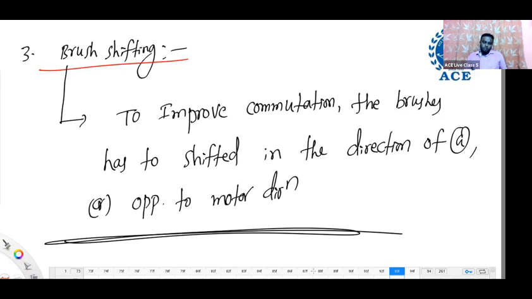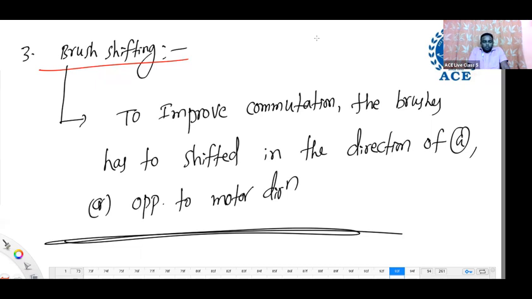So this is about commutation. With this, the main topics are over, and tomorrow we will see the characteristics of generator and motor first, and then we start the most important and guaranteed question, speed control of DC motors. If you ask in DC machines which is the most important topic from the examination point of view, it is speed control of DC motors.